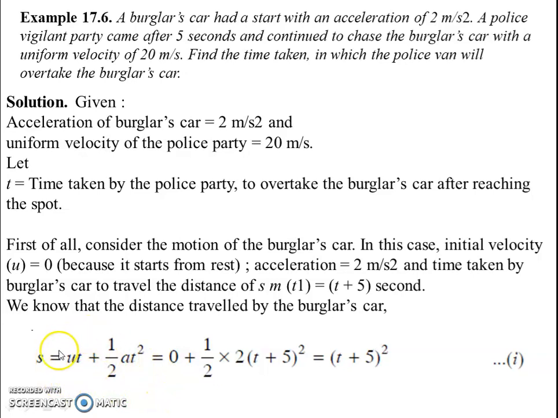For the burglar car, the initial velocity is 0, so ut is 0, plus half a t square. The acceleration is 2, and the time is T plus 5, whole square. This works out to S is equal to (T plus 5) whole square. Equation 1.